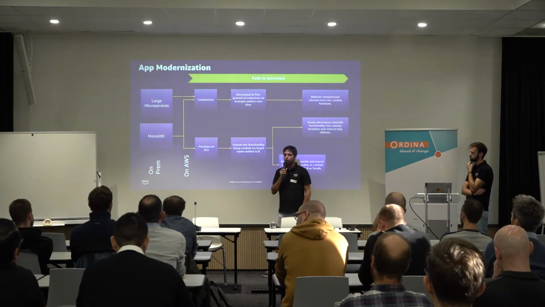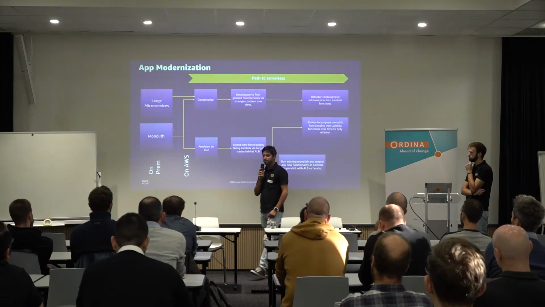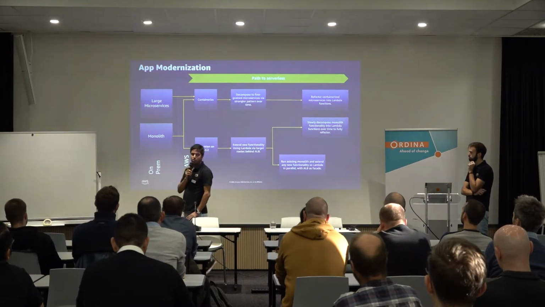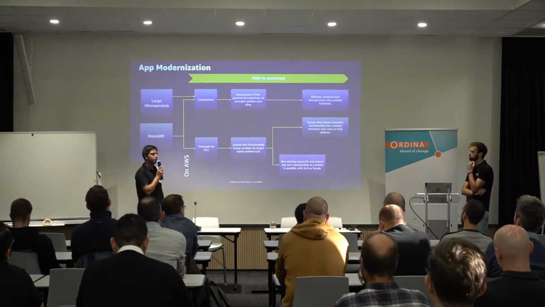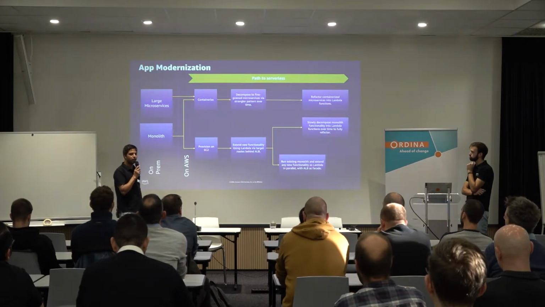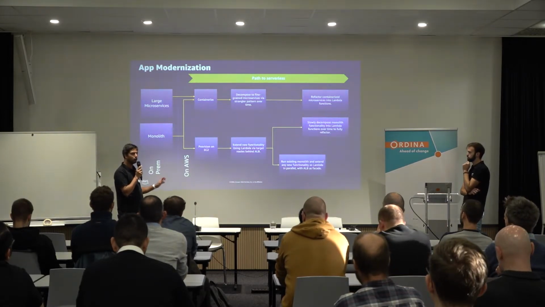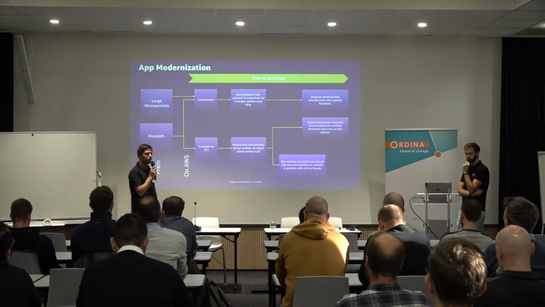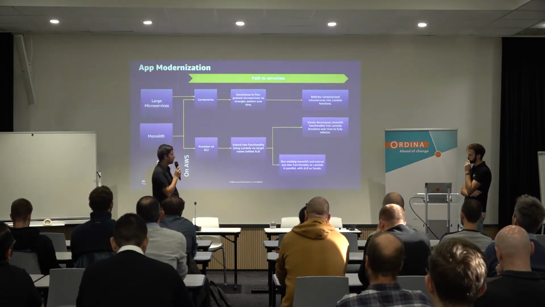Now, what about the good old monoliths? You simply rehost, to start with. You rehost it, and if some part of it can be moved to containers, just do it. If not, just rehost the complete app on EC2. You are more scalable now.